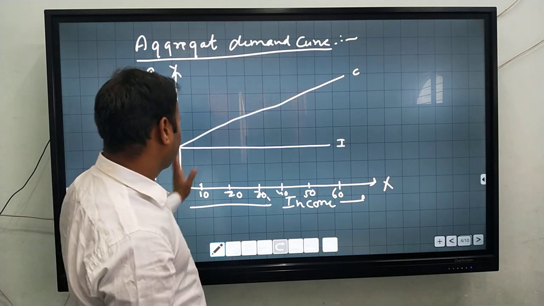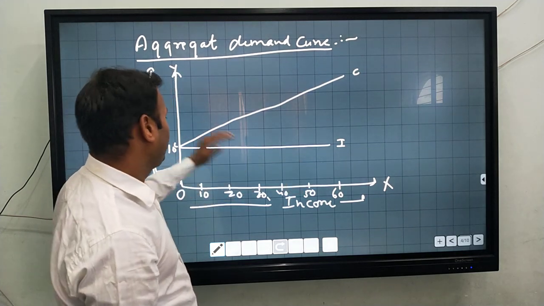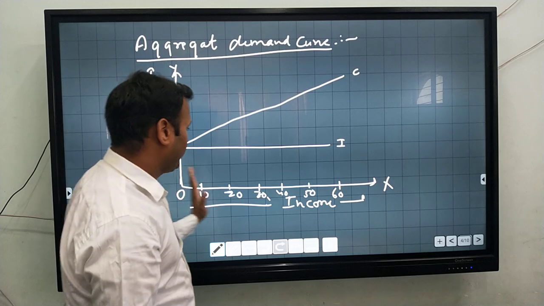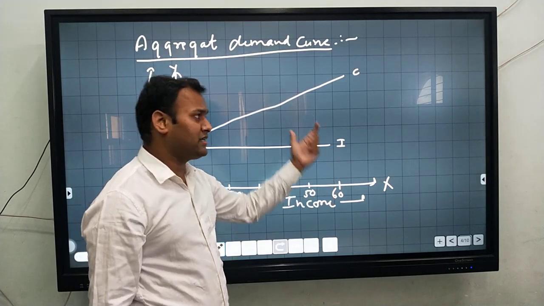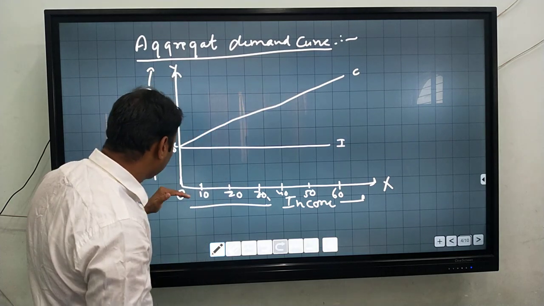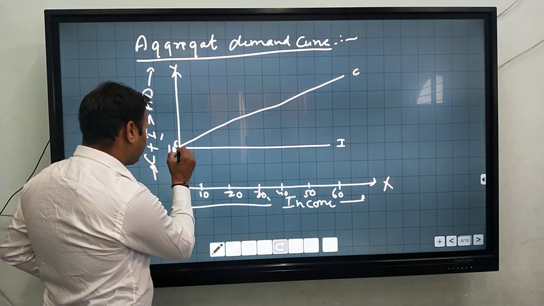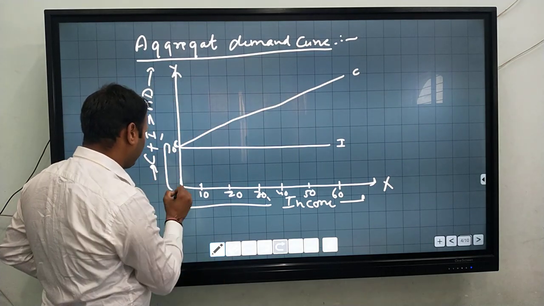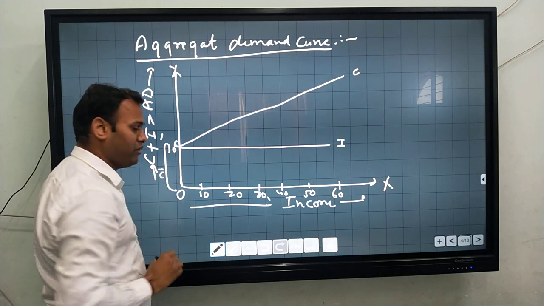Okay. So this is the investment line. This is fixed. And the consumption line, when the income increases, the consumption of goods will also increase. When the income is 0, that C is called C bar, that is autonomous consumption.